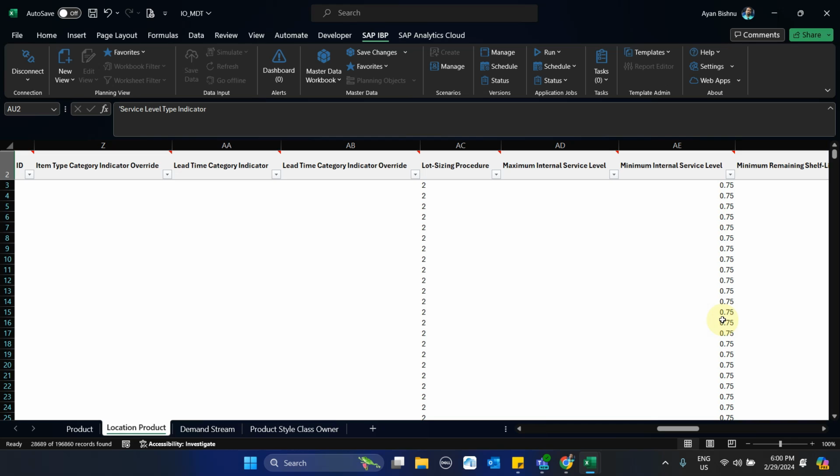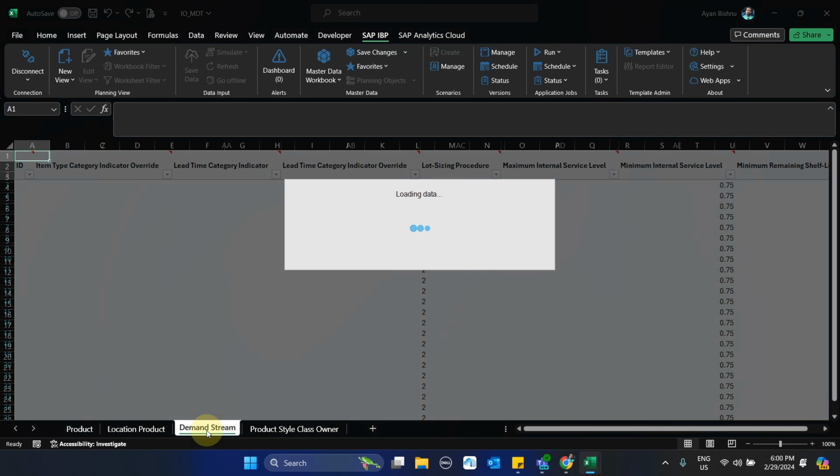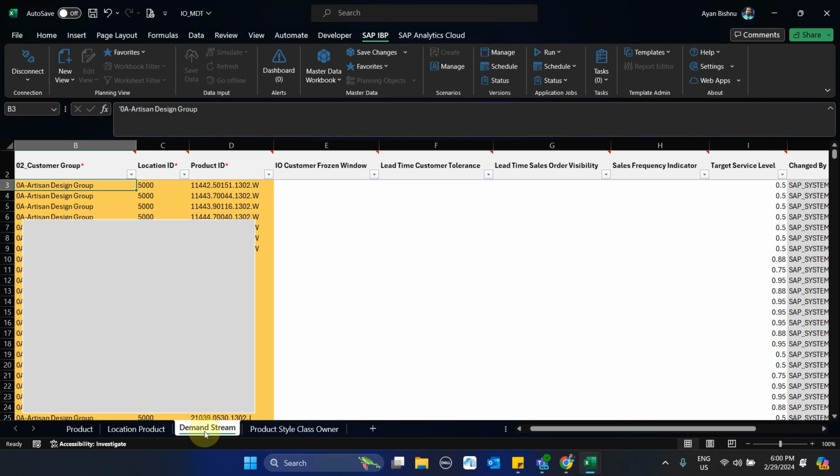Now with the product location done, the next most important master data is called demand stream or source customer group. It is nothing but a combination of product, location and customer group. Remember one thing, IO doesn't do planning at a customer level. It does planning at a customer group level.